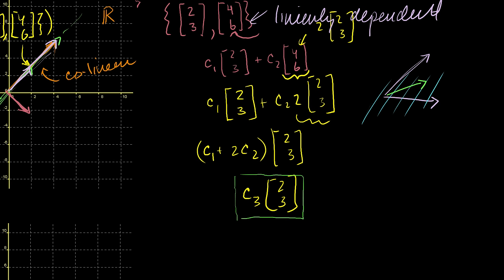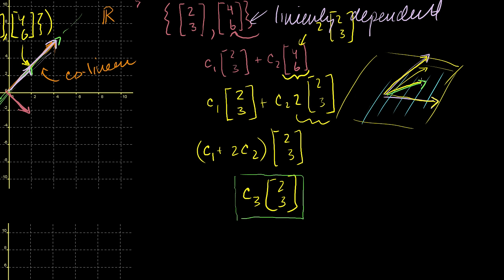Another way to think about it is that these 2 purple vectors span the plane that they define. Anything in this plane, going in any direction, can be any vector in this plane. When we say span, that means that any vector can be represented by a linear combination of this vector and this vector.